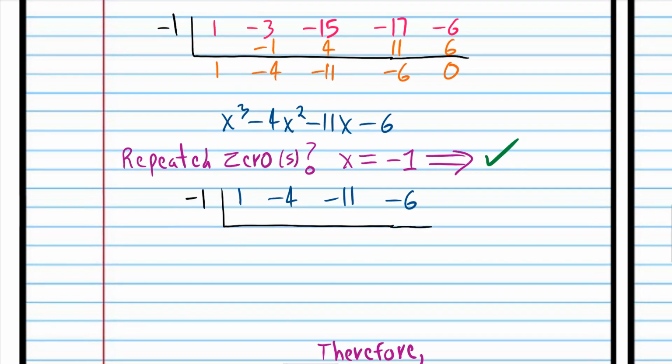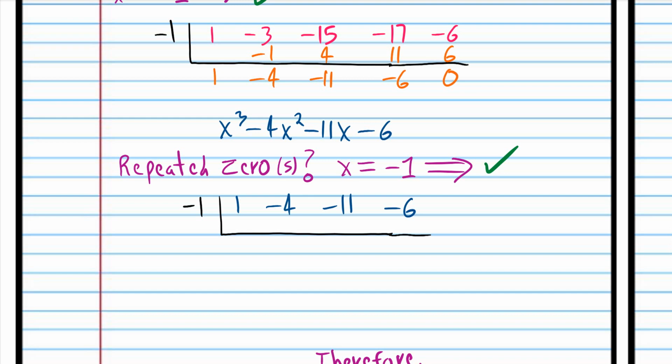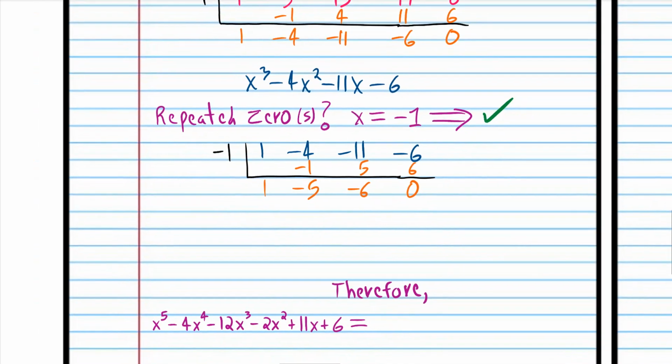All right, so let's do the algorithm. And our remainder is 0, so again, that's a good sign. That means that we are doing this correctly.